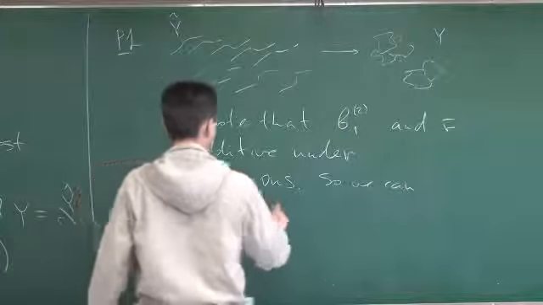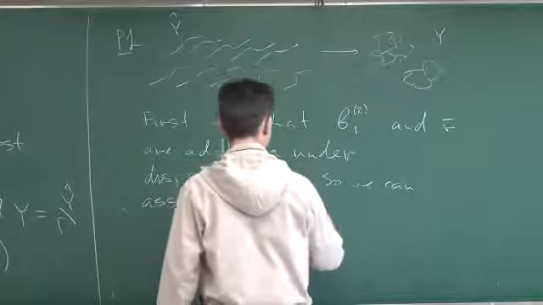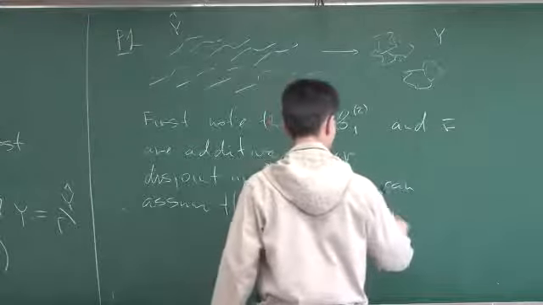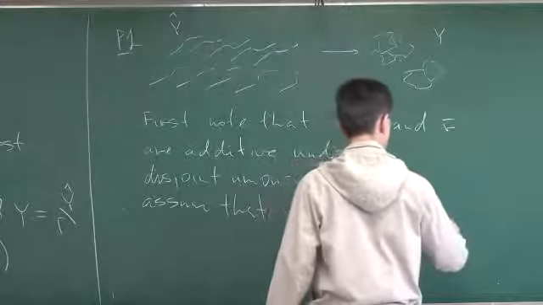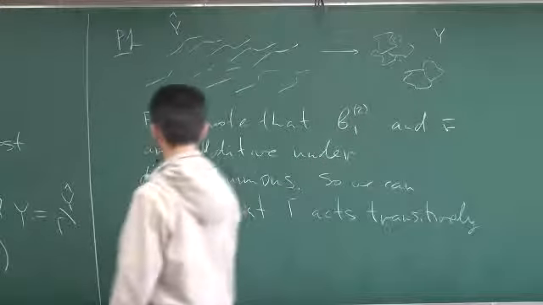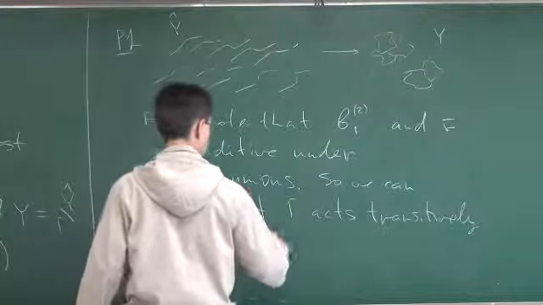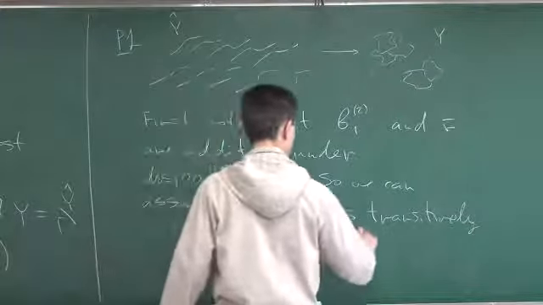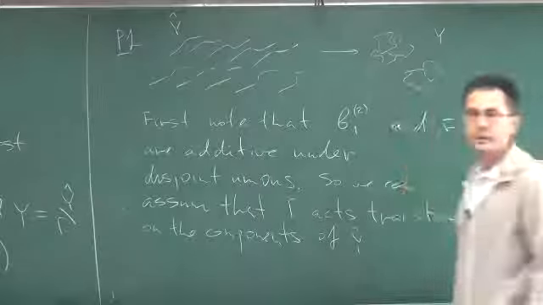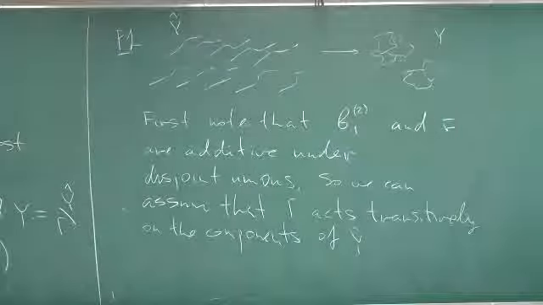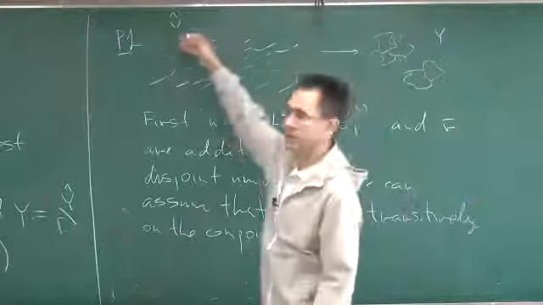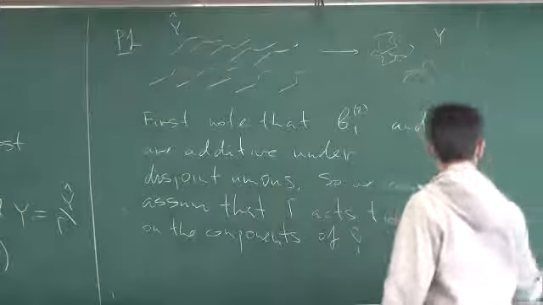So we can assume that gamma acts transitively on the components of y hat, right? That is one reduction. So in other words, there is only one orbit of components.